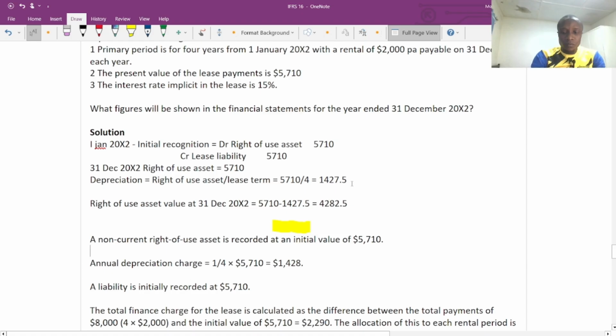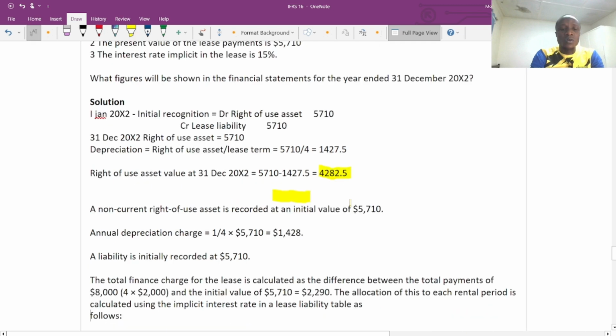So basically, this will be the value at the 31st of December 20x2. So we have completed the treatment for the right of use asset. So now we are going to look at the lease liability.